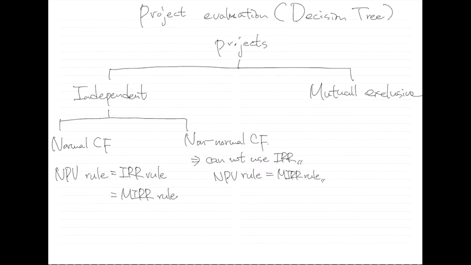What about the mutually exclusive case? We can say this is also ranking. We can choose only rank 1, right? So in this situation, there is some conflict, right? Because the NPV rule and IRR rule sometimes do not agree with the MIRR rule, right?